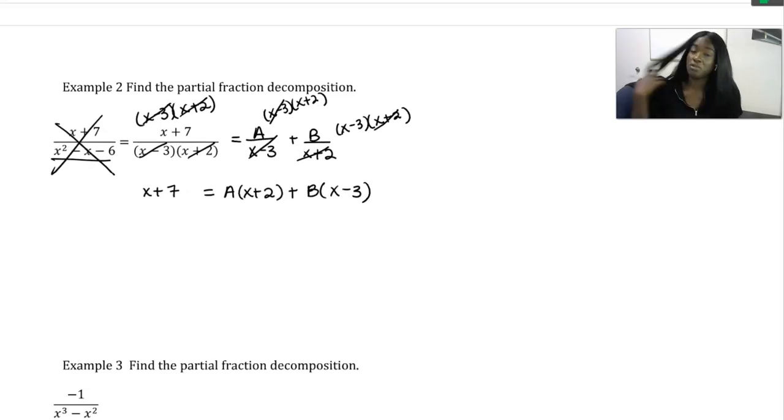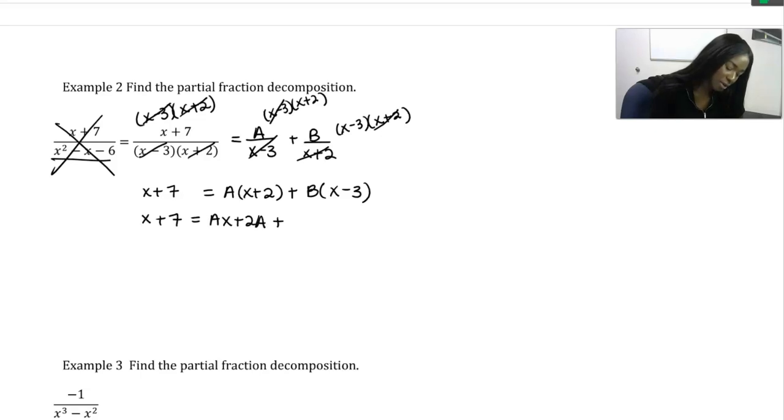Now we need to go in and distribute. This is the point where we start completely simplifying out the right side so we can start equating coefficients. So I have x plus 7 is equal to ax plus 2a plus bx minus 3b. I'm going to be grouping my terms together, so I'm going to write my x terms right next to each other, and then I'm going to write the terms that do not have an x right next to each other.